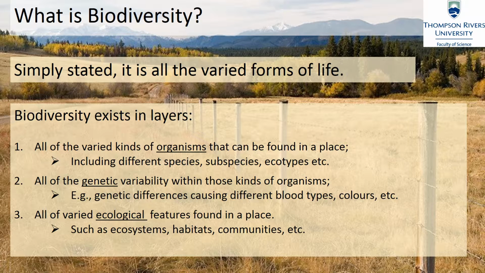A variety of communities leads to a variety of species that live within them, and within those communities different interactions can lead to different levels of genetic variability. So the ecological features in a place, the genetic variability within the organisms, and the organisms themselves can all be thought of as the components that make up biodiversity.